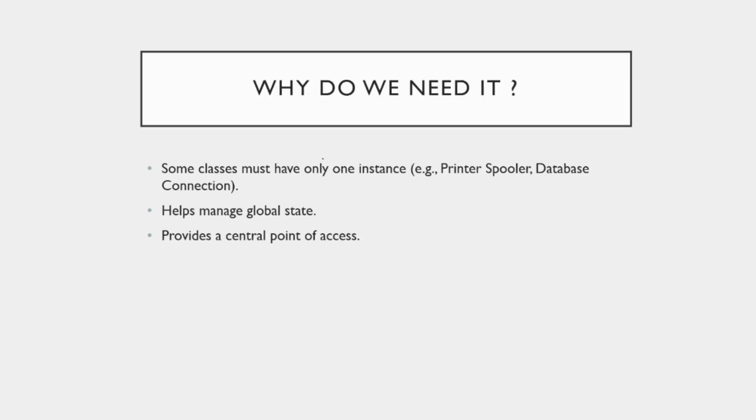So why do we need it? Because for some objects like printers, pools, or database connections, we need only one instance of the class. In that case, we need the singleton object. It helps manage global state. Let's say there is some configuration which is needed once, so it should be a singleton object.